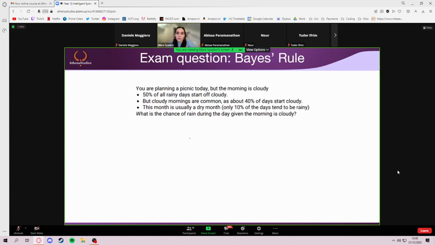So we still have 15 minutes left. Let's see. This one was asked in the chat, but I thought I might not answer it because we're doing it now. So this uses Bayes' rule, and it's about the chance of rain during the day given that the morning is cloudy. So let's see if you guys can figure this out using Bayes' rule. That's very important.